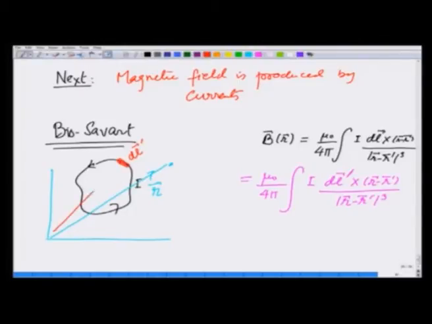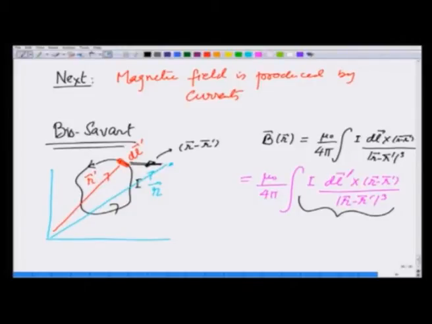This is at r prime. The vector from this to my position where I want to find the magnetic field is r minus r prime. I will calculate, add all these small things together, and that gives me the net magnetic field.